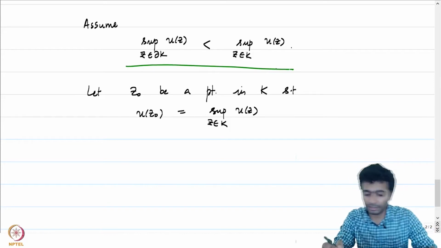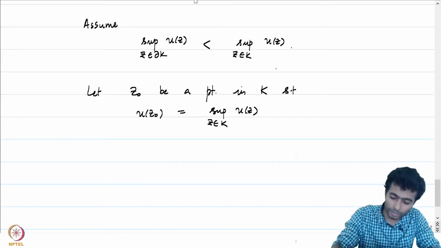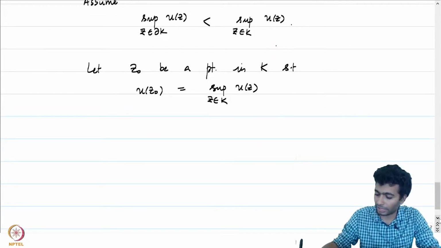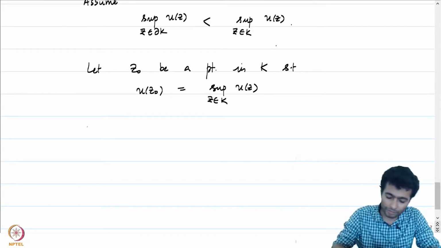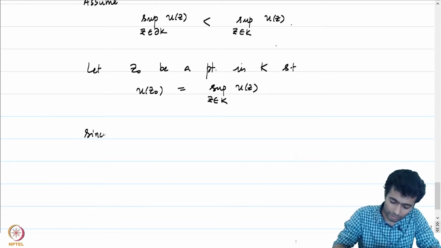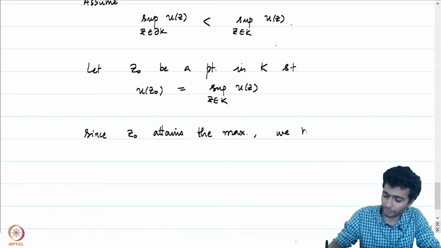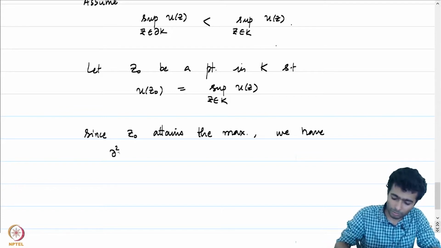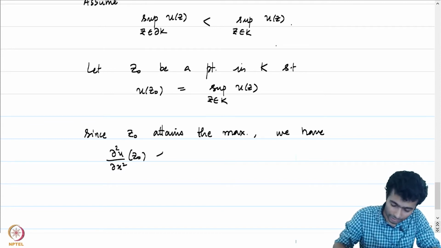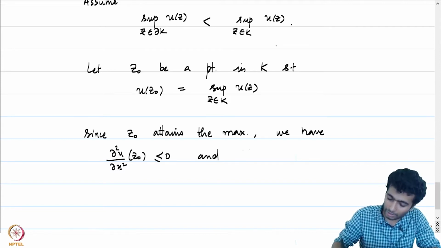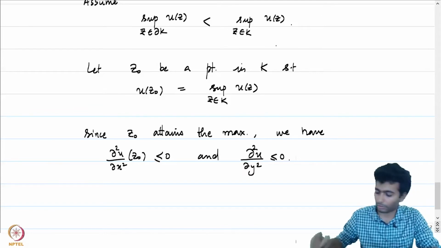It's strictly greater than the supremum on the boundary, and therefore z0 is an interior point of K. From calculus, since z0 attains the maximum, we have both the second partial derivative along x at z0 is less than or equal to 0, and the second partial derivative along y is also less than or equal to 0.